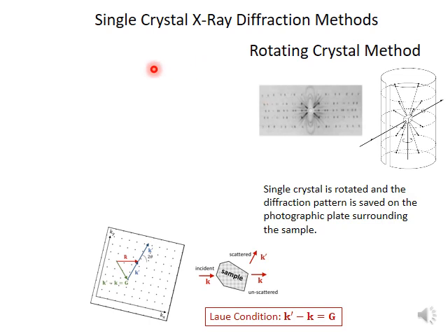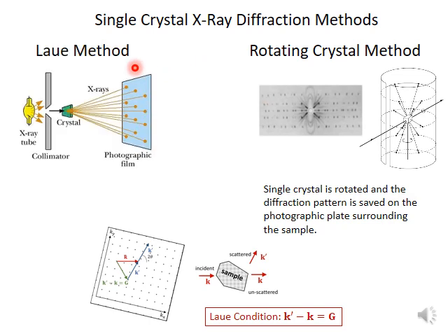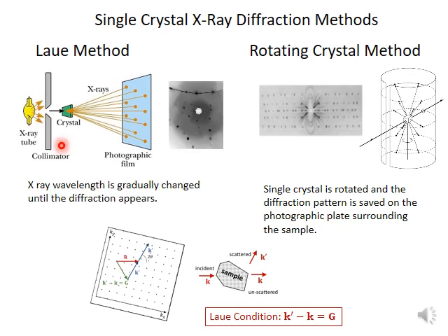The other method which is used is the so-called Laue method. It's again the case that you have incident X-ray on a crystal and you try to form a diffraction pattern, but it's not formed that easily. So what is done here is that the X-ray frequency or the X-ray wavelength is tuned continuously.